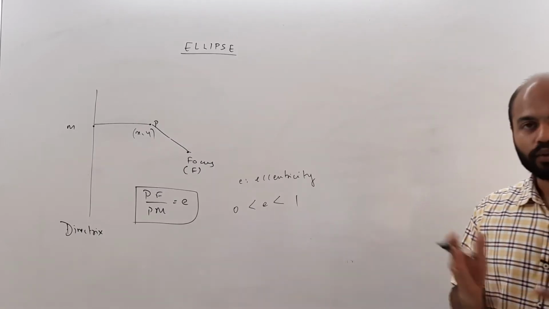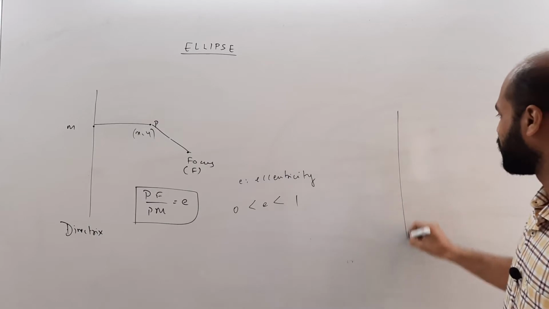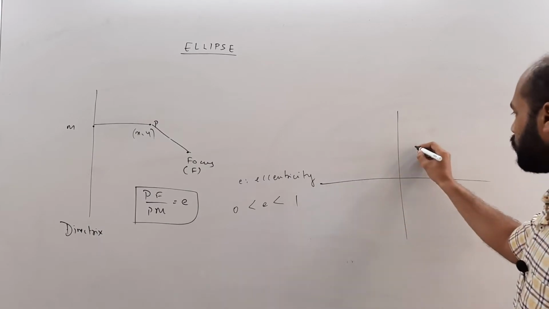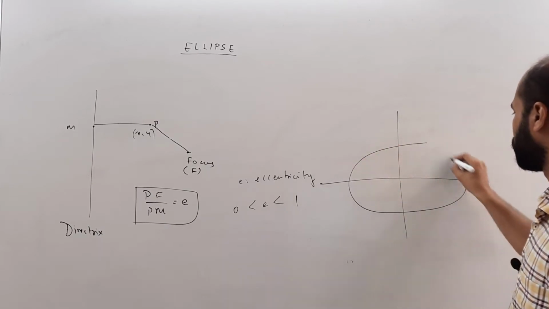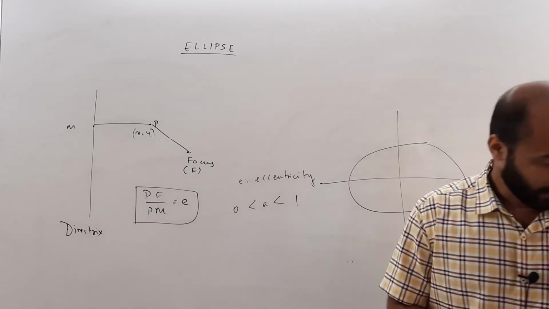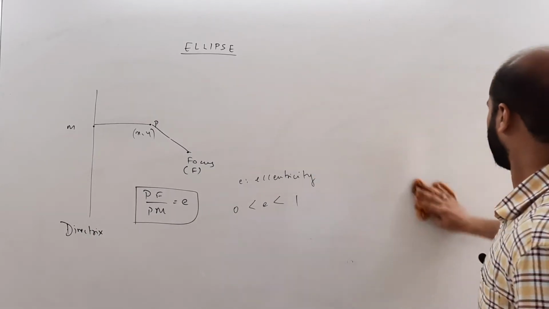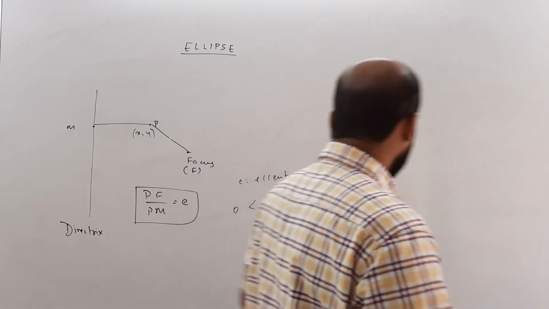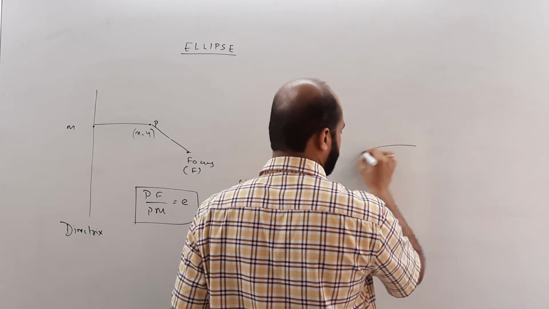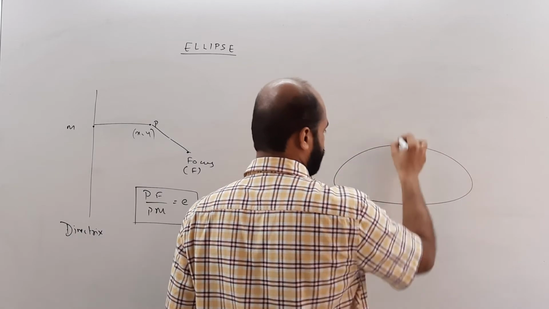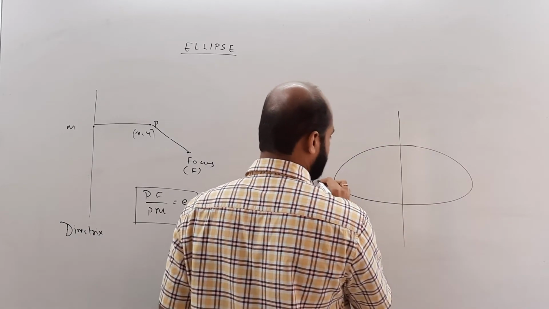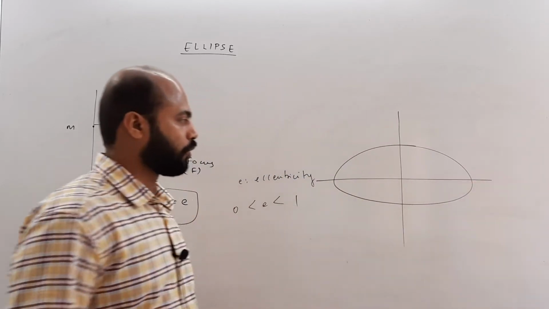Now let's get to the curve and understand the basics of this particular curve. I need to draw a slightly symmetric diagram. So this is that curve that we are talking about.